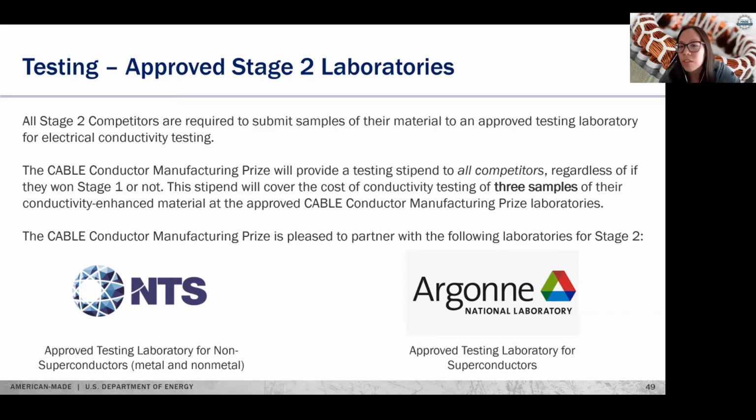The stipend will cover not only 1 sample, but up to 3 samples of your conductivity enhanced material. If you have a non-superconductor material, which is a metal or non-metal, you can test it at NTS, which stands for National Technical Systems. And if you have a superconductor submission, that would be tested at Argonne National Laboratory. Next slide, please.